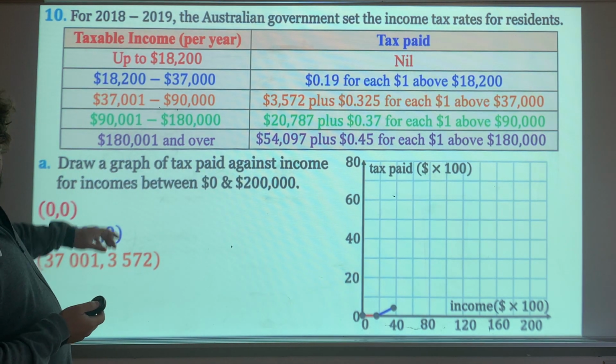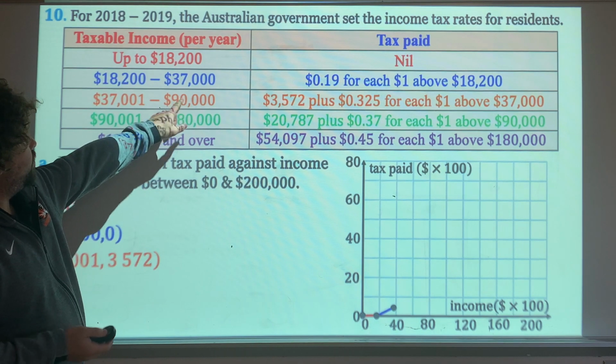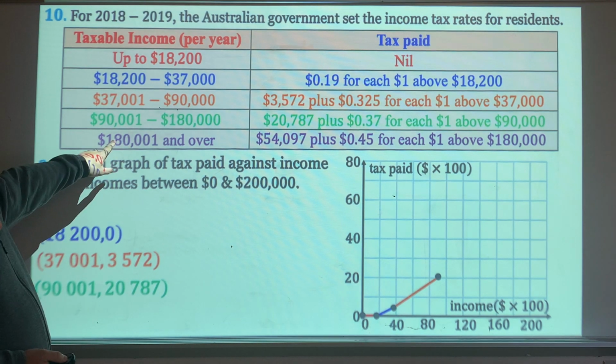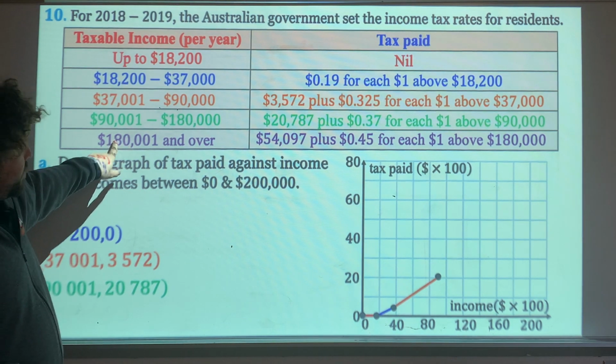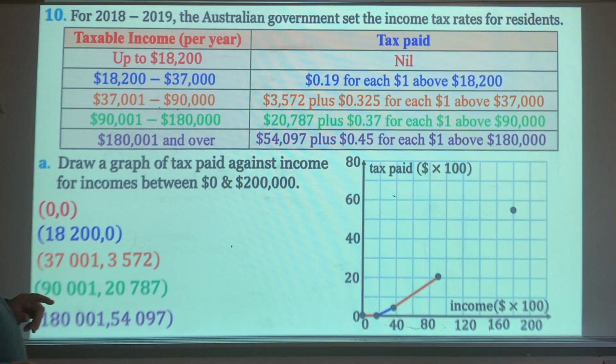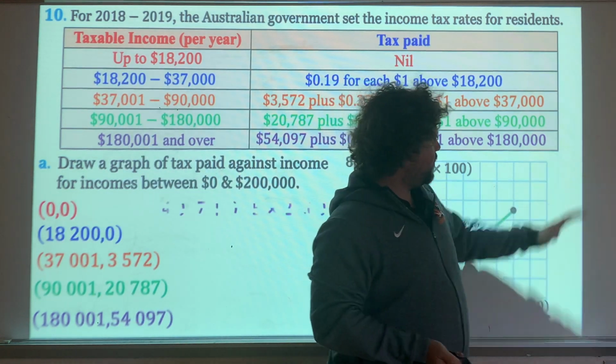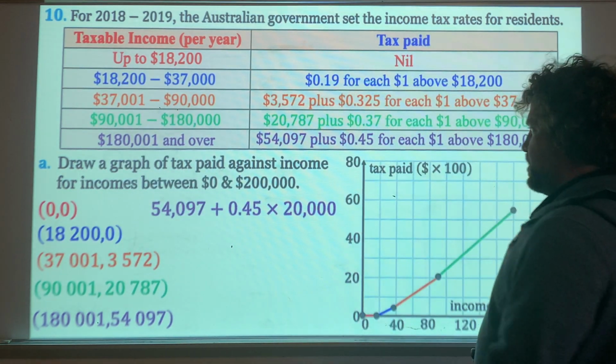All right. So then when you go up to 90,001, you got your 20,000. All right. Then you're going to go up to your 180,001. You got your 54,000. And then everything after this has a slope, a gradient of 0.45, and it just pretty much shoots up.